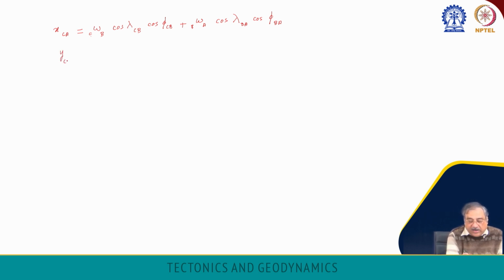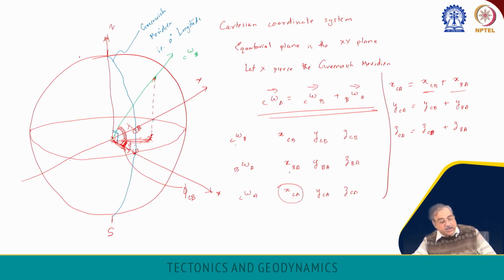Similarly now, if I had to take YCA, what would this value be equal to? YCA is the Y component of the same thing. Now I took the X component along the X axis. Suppose I had to take the Y component of CB. The Y component would be the perpendicular that I dropped from here onto this part here.